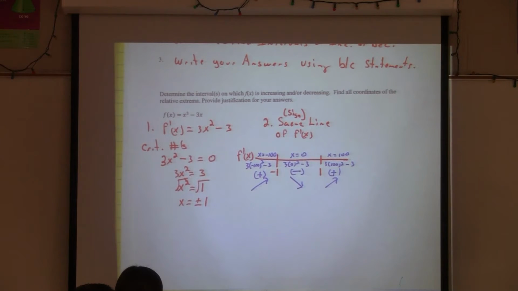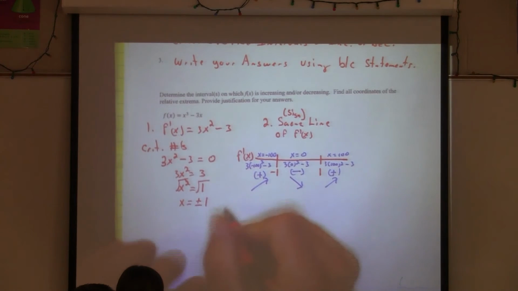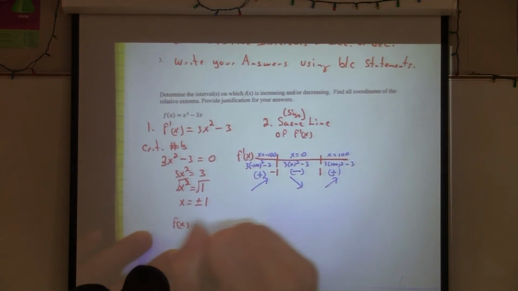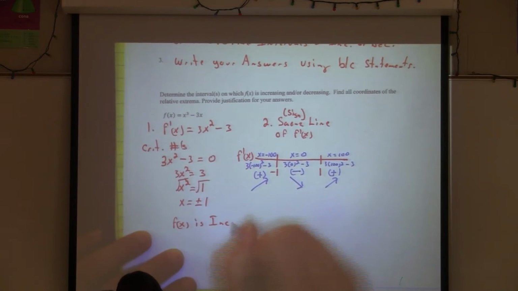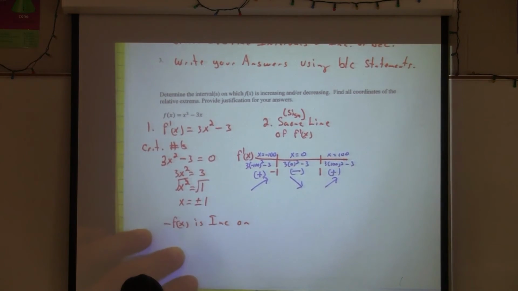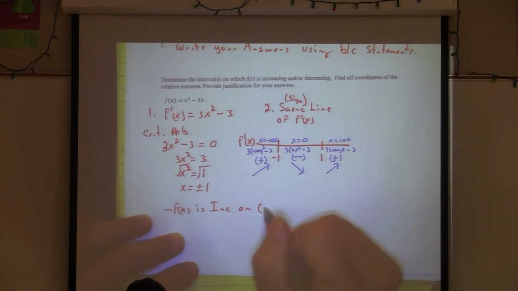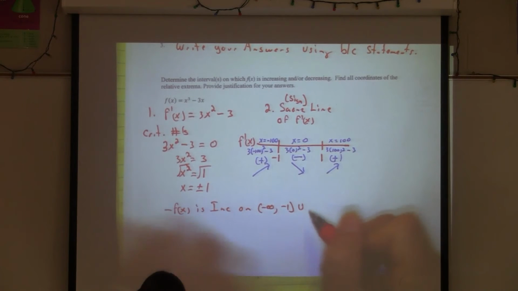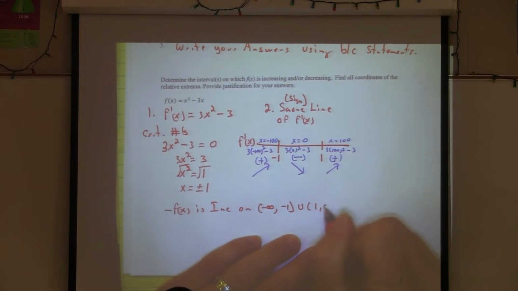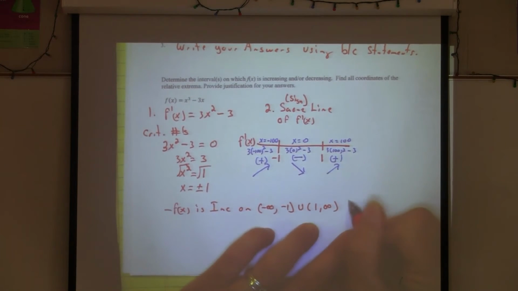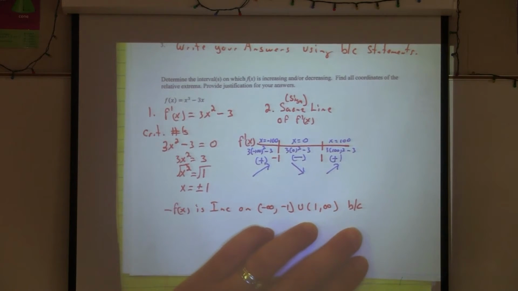Okay? So let's go ahead and write all that stuff down. Okay? So we can say f of x is increasing on what intervals? -infinity to -1 union 1 to infinity, because this is step 3.